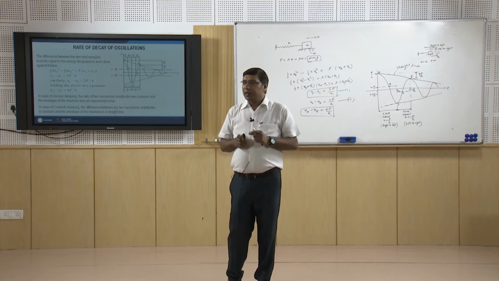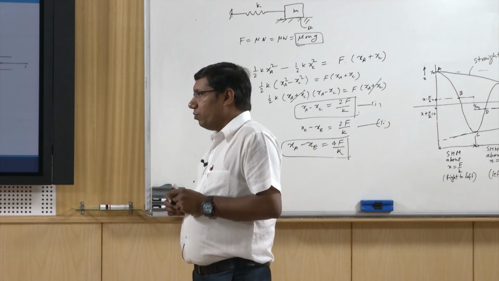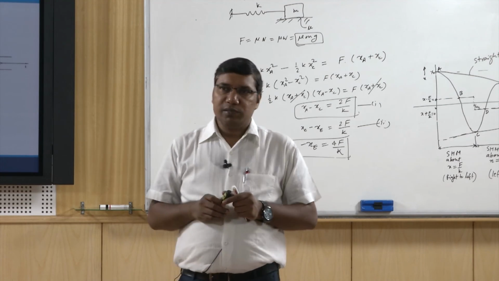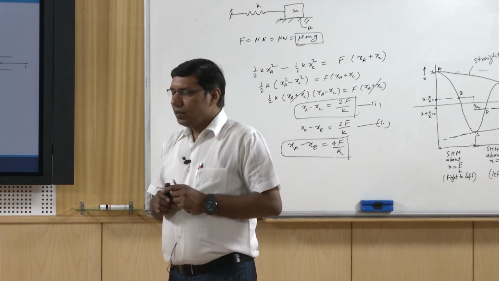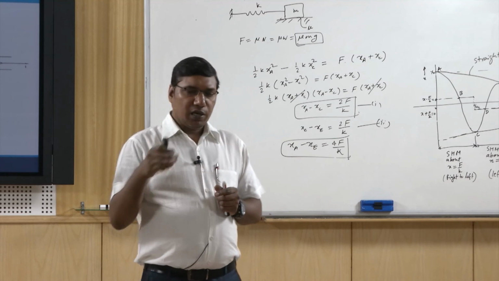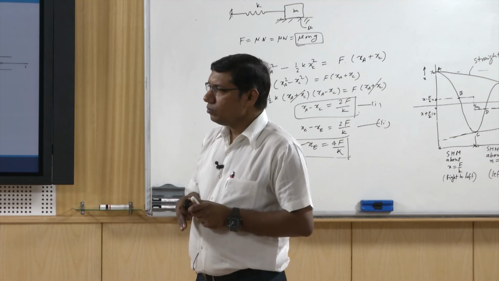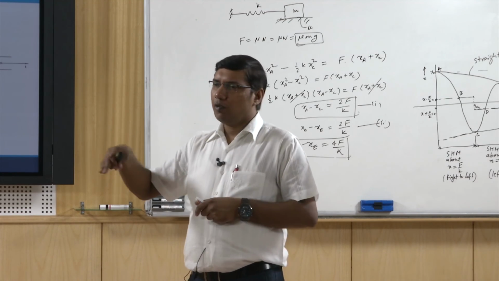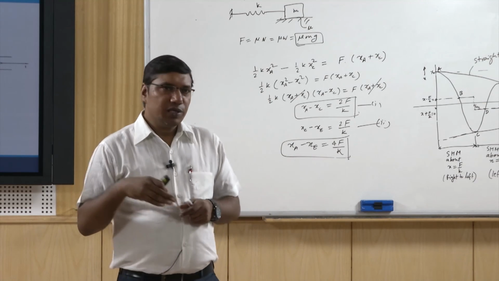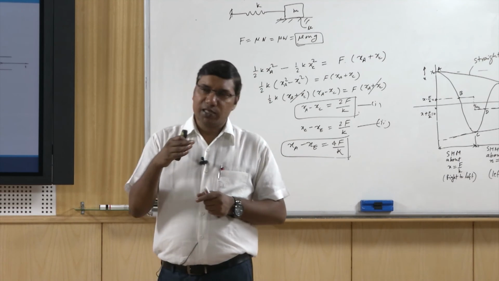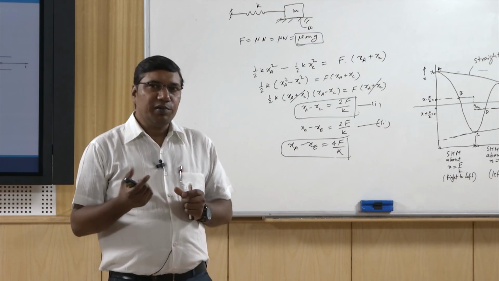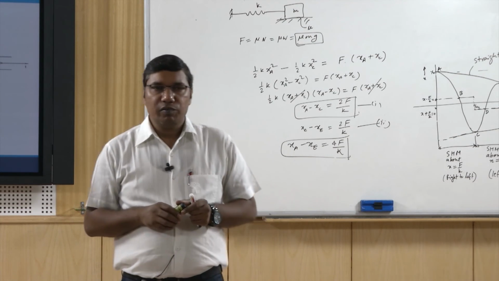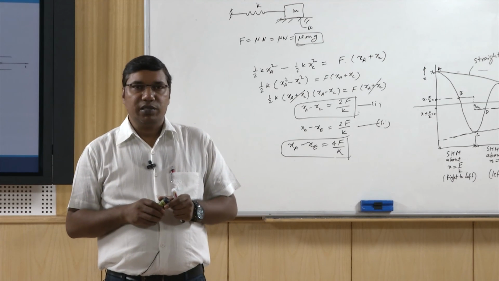If we compare with the underdamped viscous damping case, where the envelope was an exponential curve, the amplitude was reducing in an exponential way, and there the rate of decay was defined in terms of logarithmic decrement.